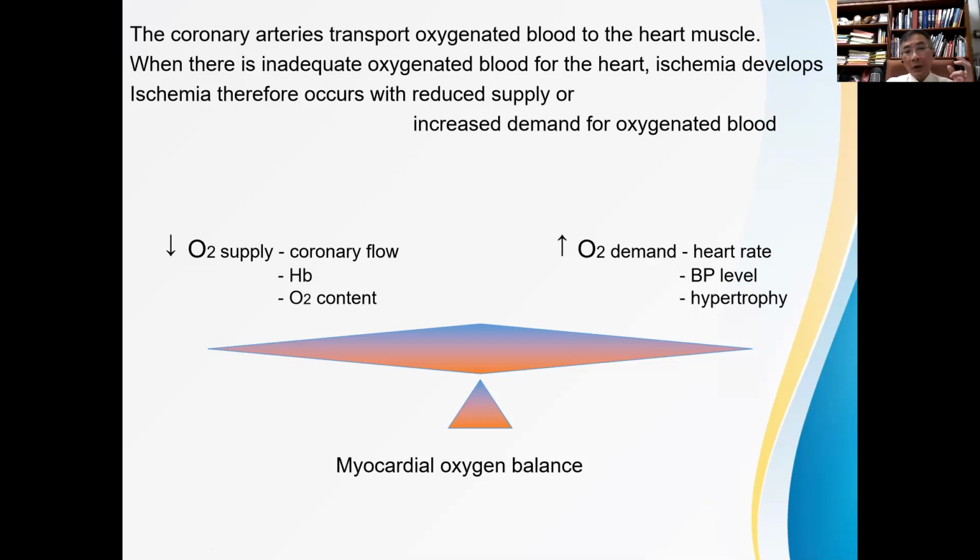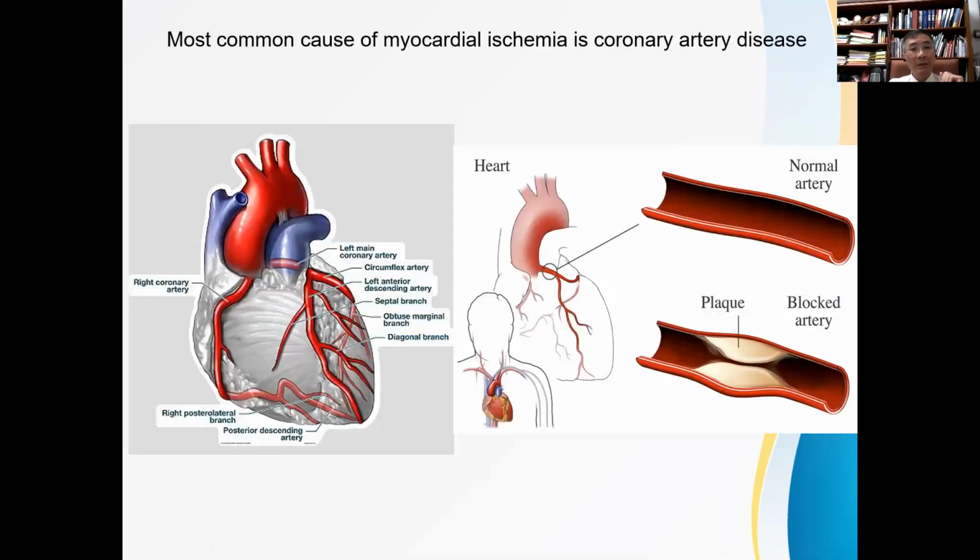And therefore, if the supply is adequate for the ordinary heart muscle, but not for the thick heart muscle that requires more oxygen, then ischemia will similarly result. So ischemia, therefore, is an imbalance in the myocardial oxygen supply and demand.